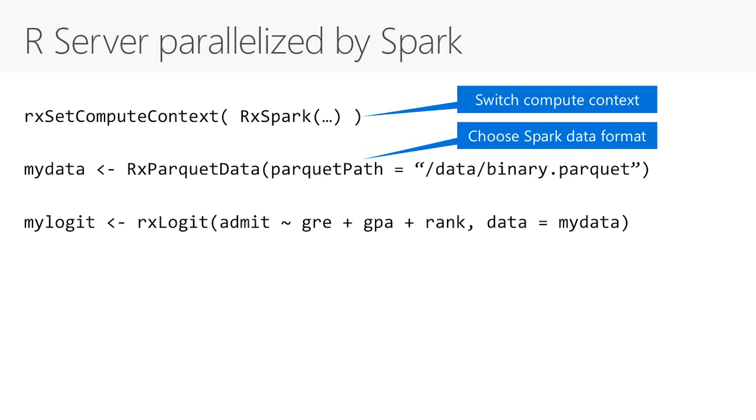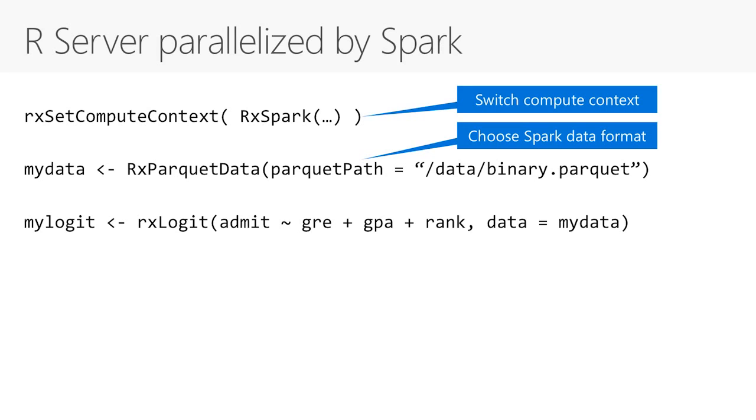After conversion, by default, RServer will run this algorithm in parallel, but only using the cores of the machine on which it is running. To distribute computations onto nodes in a Spark cluster, we'll need to add an additional instruction and set the compute context to Spark. And this is where the new feature comes into the picture. Now that we are in the Spark world, we can also read data from Spark data sources.